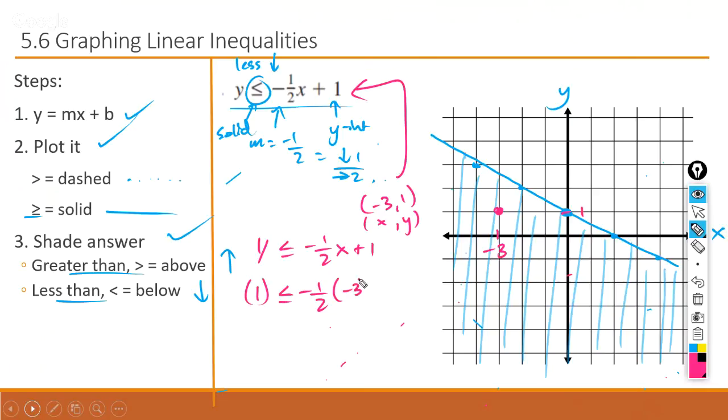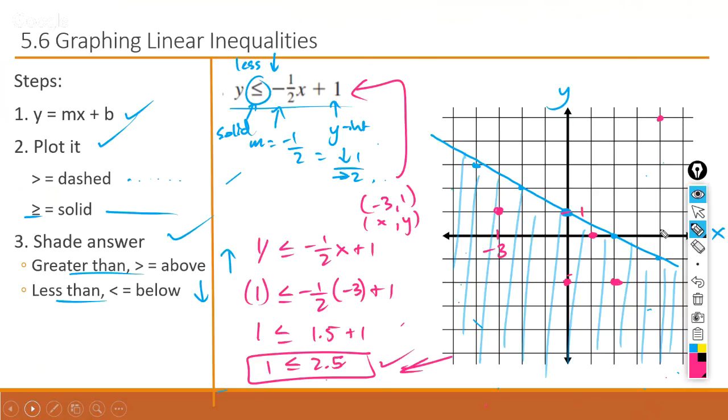X is now -3, plus 1. Two negatives make a positive. That becomes 1.5, so 2.5. So it says that 1 is smaller than 2.5, and that's true. So any point that you pick in the shaded area is going to make this equation true.